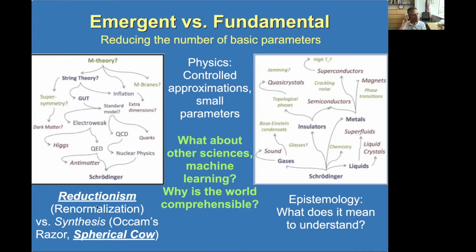And reductionism is not nearly as powerful in systems like biology and even chemistry. But the other technique in physics is to guess the answer, to come up with some elegant, simple model that captures the essence. And the words associated with this are Occam's razor, and for physicists in particular, spherical cows. That we make simplified models.